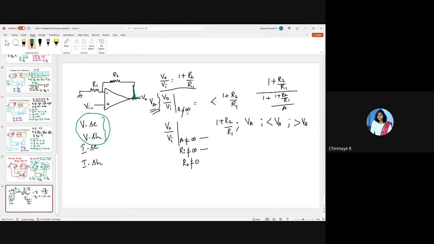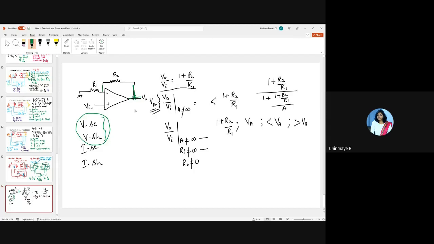When the gain of the op-amp is not infinite, we have derived an expression for that. And we see that when the open loop gain of the op-amp A is finite, then V0 by Vi is less than 1 plus R2 by R1, right?